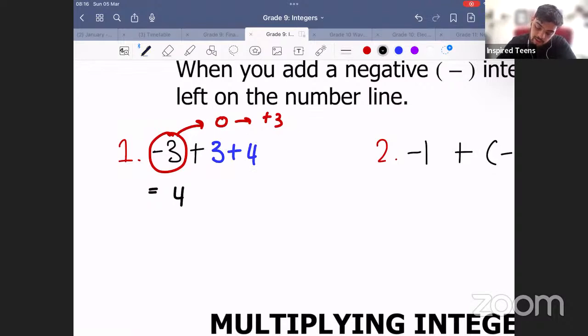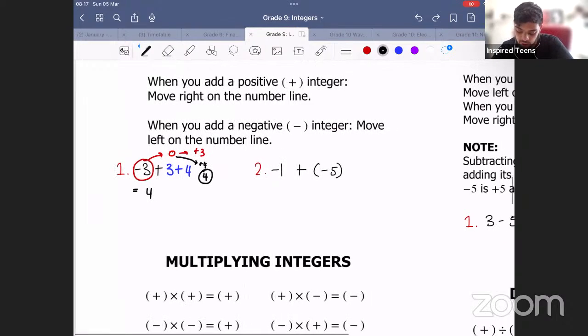When you add the 4, you get +4 as your final answer. So when you add 7 to -3, firstly you want to add 3 to get to 0, and then how many more numbers are left? 4 numbers, so you add 4 to 0 and you get 4.